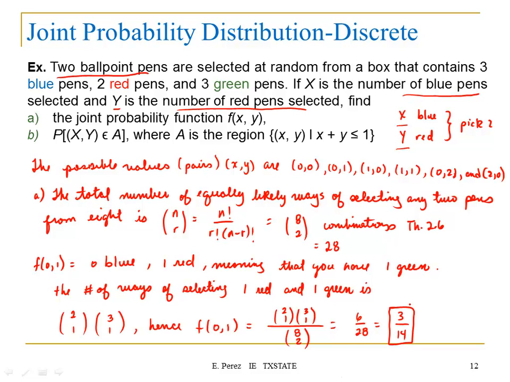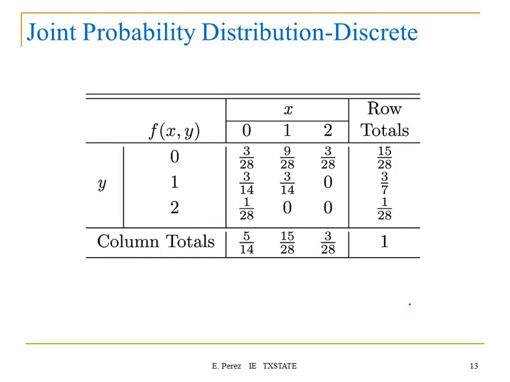Anybody? Okay. So if you look at this table, here we have f(x, y) for the case in which x is 0 and y is 1. We have that the probability is 3 over 14. The case that we discussed is this one, y equals 1 and x equals 0.